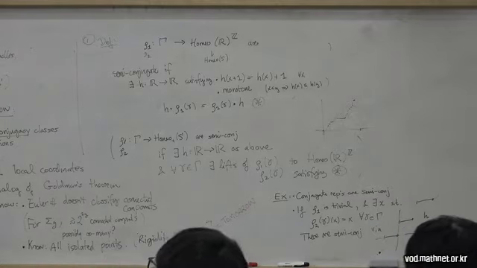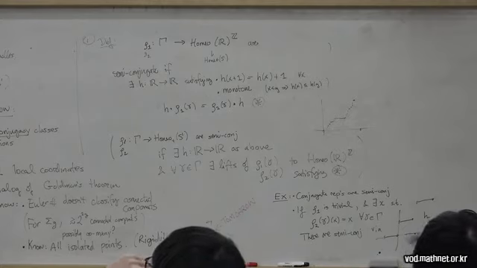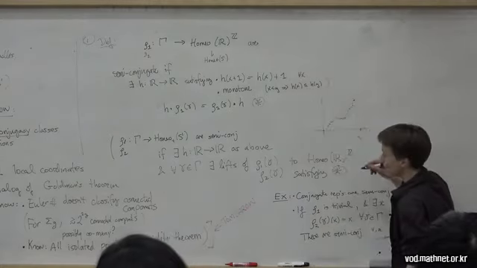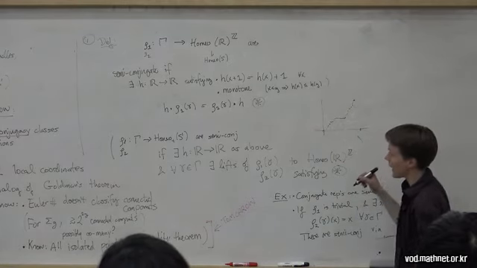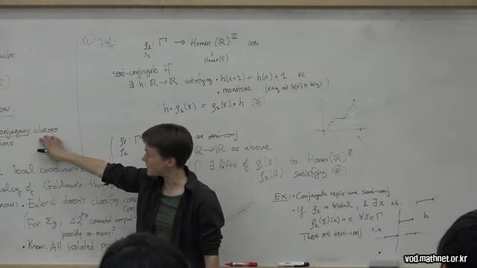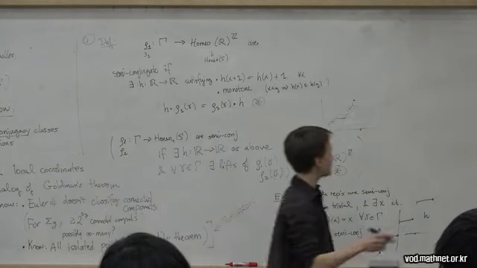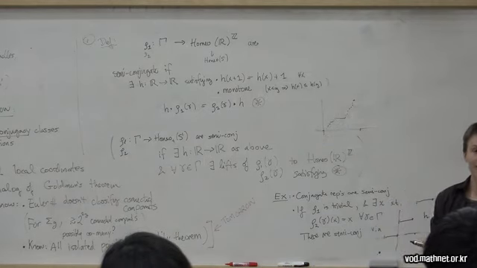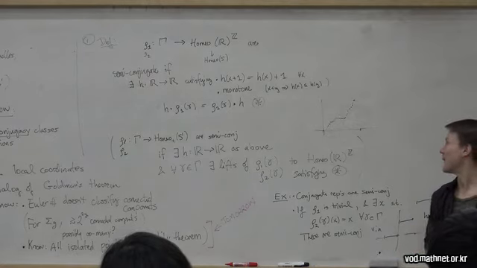So there are lots of interesting examples. I want to prove that this is a reasonable thing. The reason for this slightly awkward definition is that it makes sense to talk about semi-conjugacy classes. Can you give me an enlightening example of why we cannot define semi-conjugacy just as a semi-conjugacy in Homeo of R? Yeah.